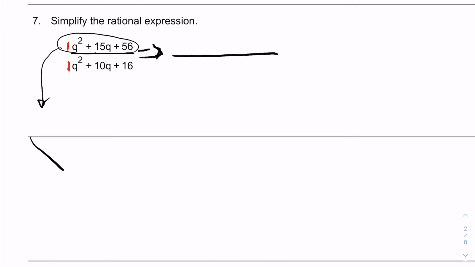So what are we looking for? We're looking for two numbers that multiply to 56 and add to 15. How about 7 times 8 is 56 and 7 plus 8 is 15. So this would just factor down to q plus 7 times the quantity q plus 8.